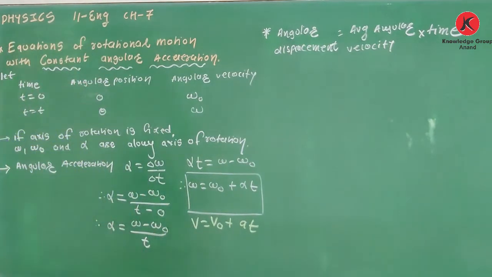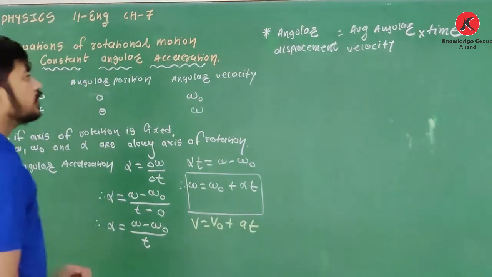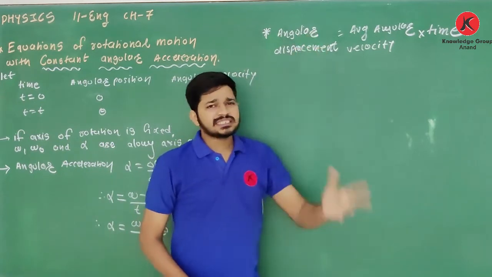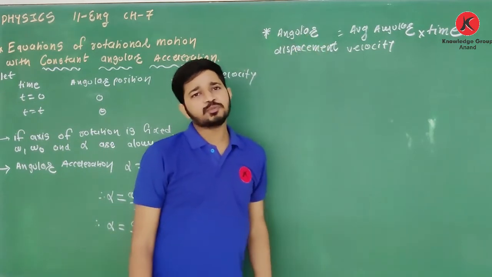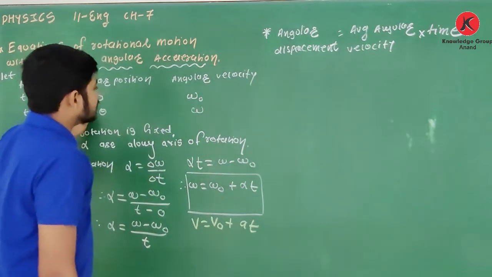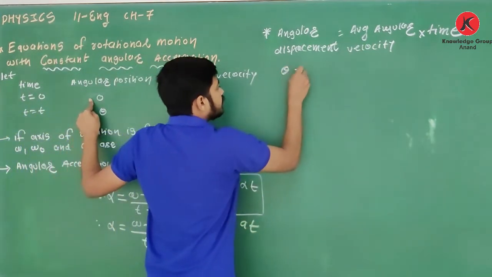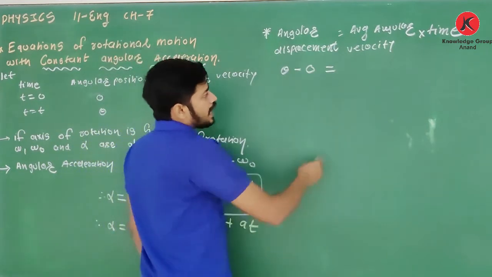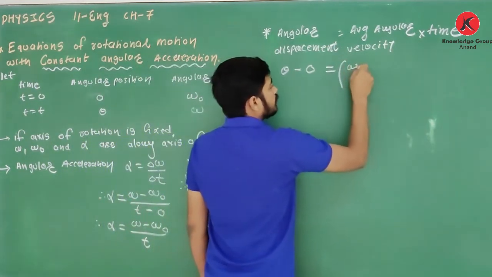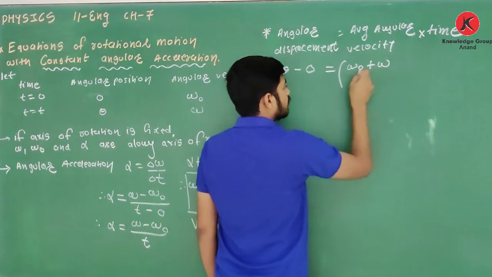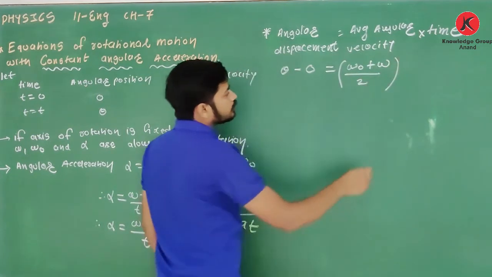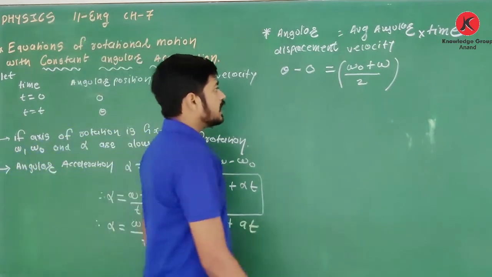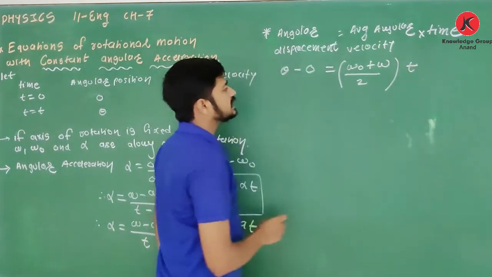The definition of average angular velocity is angular displacement upon time. So here angular displacement is the subject. Displacement means change in position, means final position minus initial position. So theta minus 0 is equal to average angular velocity, which is omega 0 plus omega divided by 2, initial angular velocity plus final angular velocity divided by 2, into time, that is here t.